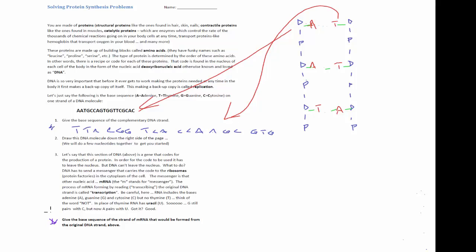So the original DNA strand is this one right here, and now we're talking about RNA. So in RNA, everywhere there's an A, there can't be a thymine, there's going to be a uracil. The next one is A again, so there's another uracil. Then the next one is going to be T. T bonds with A. Look back at guanine.